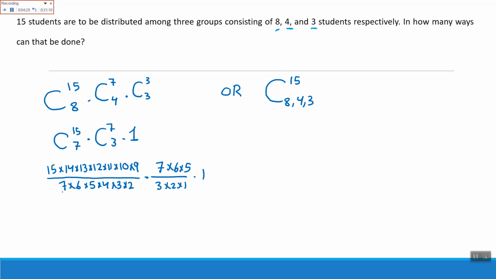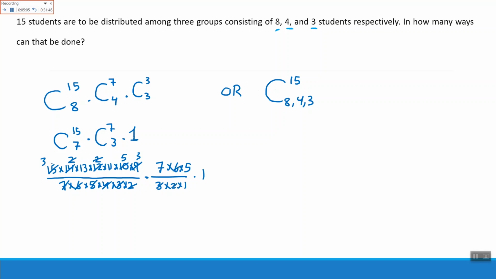And then you start cancelling. You can cancel the 5 with the 15, you get 3. You can cancel the 7 with the 14, you get 2. You can cancel the 6 with the 12, you get 2. You can cancel the 4 with the 2 here and the 2 here. You can cancel the 3 with the 9, you get 3. You can cancel the 2 with maybe the 10, you get 5. You can cancel the 3 with the 2 with the 6.